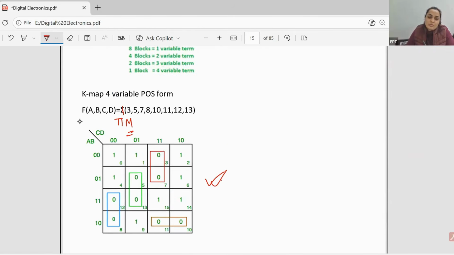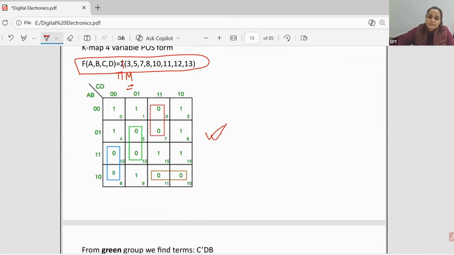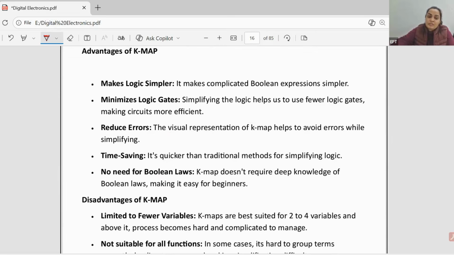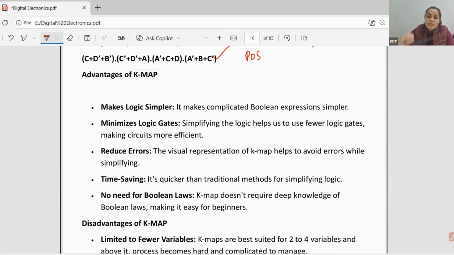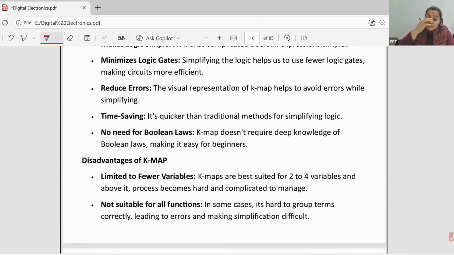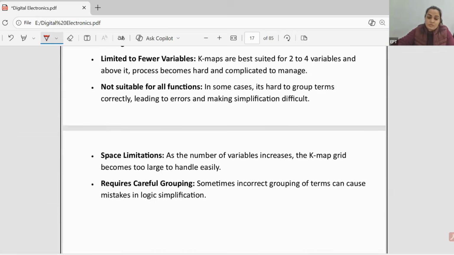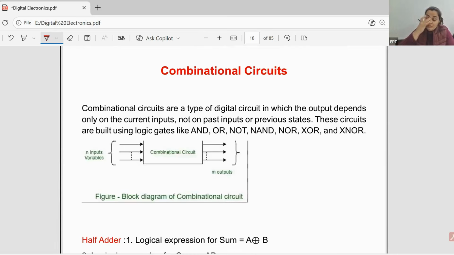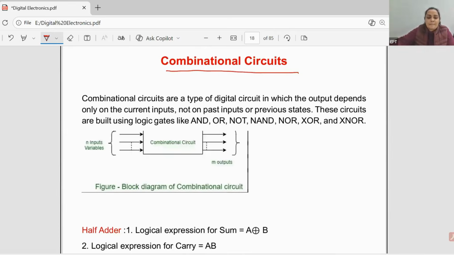So you must know all these forms, right? So one question will definitely be from this topic, and this topic is again very easy, so you can at least secure this. It can be asked for one or two marks. Okay, next one is combinational circuits.